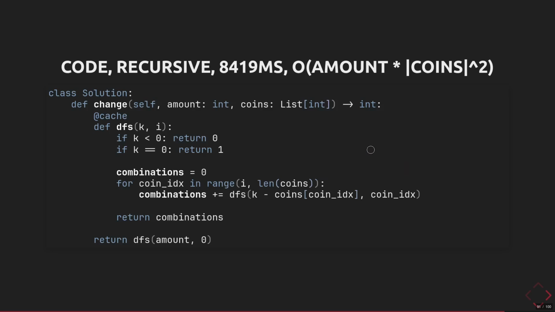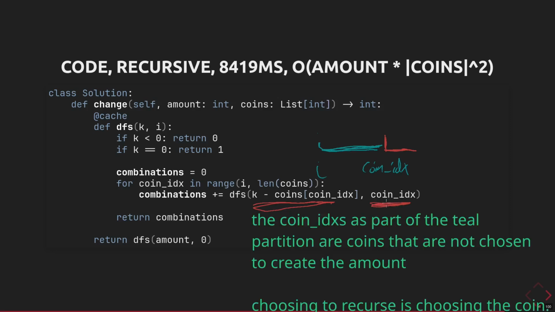And each time I can decide to start this new subproblem of this coin index, without moving the coin index. I'm decrementing the amount, but I'm choosing to keep the coin index the same, essentially.